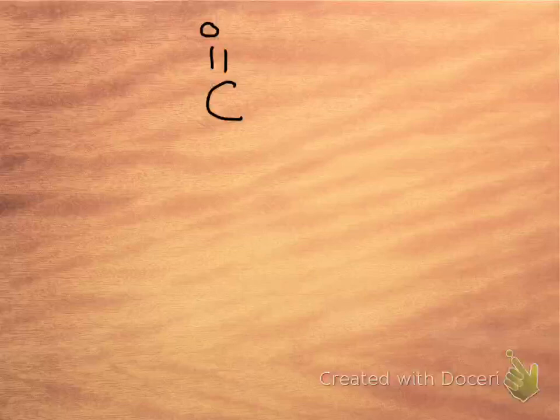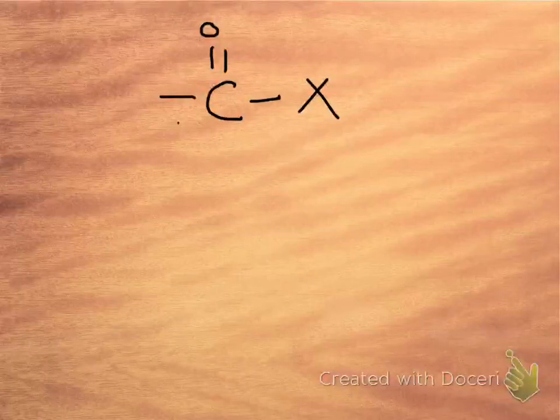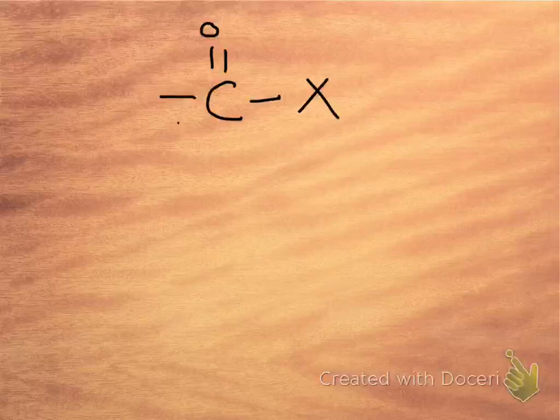They contain a symbol like this: C double bond O, here there will be one carbon, and here any halide or halogen. In the periodic table we learned about halogens. So this X is any halogen. Now let's move on to some examples of this.